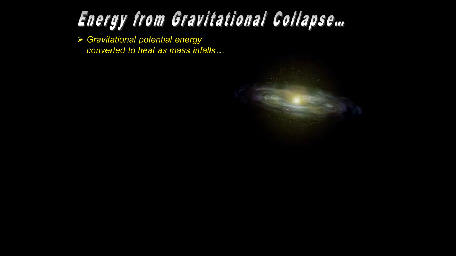Once it was understood that the Earth had to be a lot older than 8,000 years, so a lump of coal could not be the explanation for the incredible power output of the sun, a new mechanism had to be found, and gravitational collapse was considered.